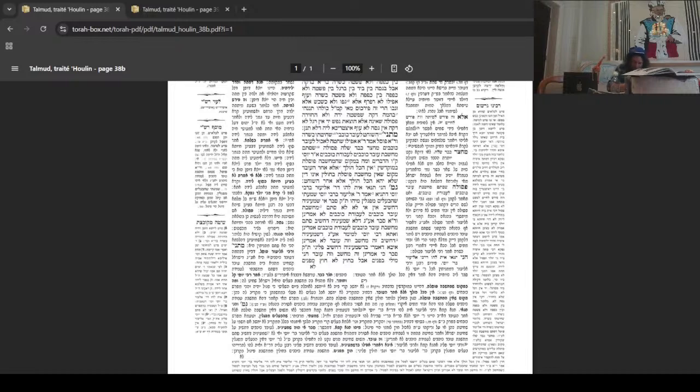Aval b'zerika, he shechted it so that only the blood throwing part, not the shechting part, but the blood throwing part, is going to be for the idolatry. I'm going to worship the idolatry with the blood and the fats.